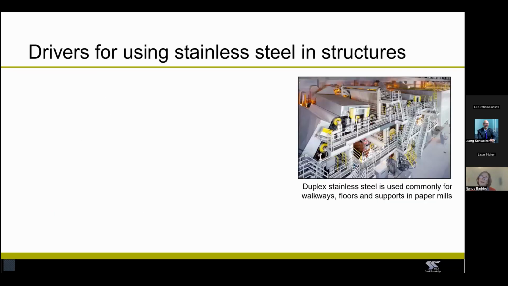So while we're in the introduction, I want to talk through some of the drivers for using stainless steel in structures. The first, most obvious reason is because of their excellent corrosion resistance without needing an applied coating.